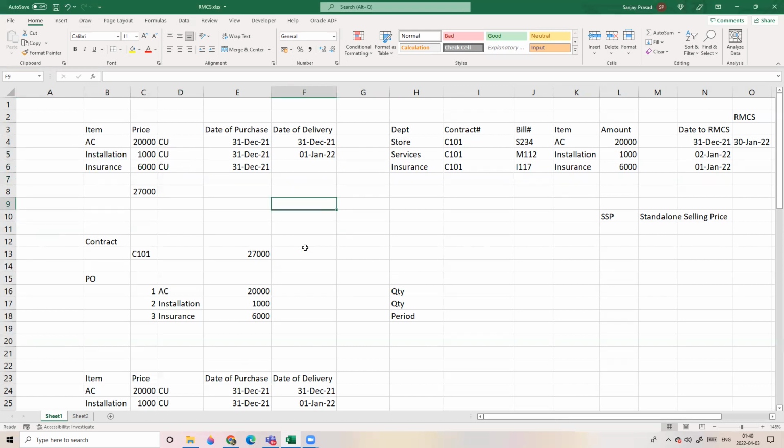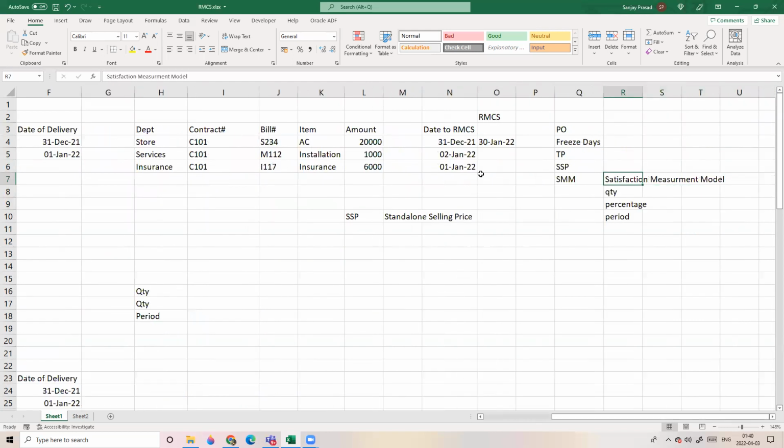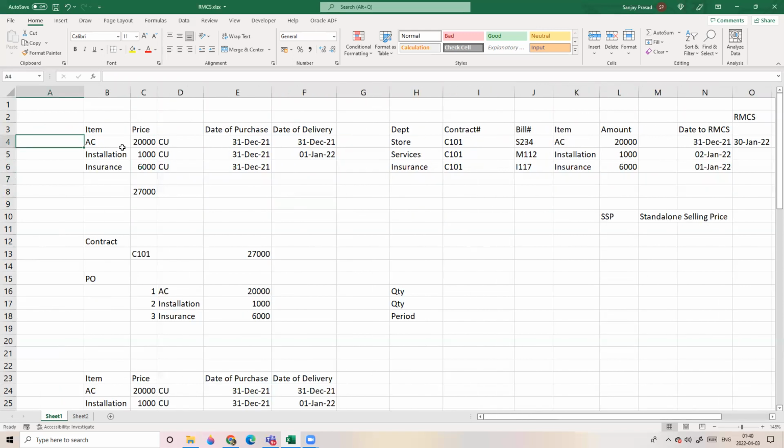Coming back to revenue recognition. Based on the satisfaction measurement model, each item we sell is attached with a particular SMM. Like AC will be attached with a quantity type of SMM, installation will be attached with a percentage type of SMM, and insurance will be attached to a period type of SMM. As and when the SMM is completed, that much of the amount should be recognized as revenue.